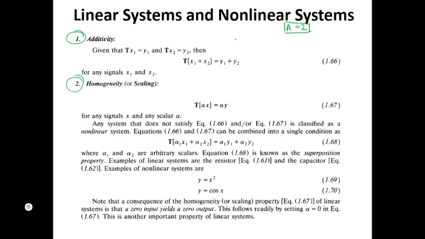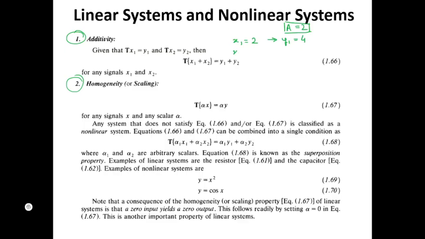Say for example, I am having x1 equal to 2. Say for example, I can also take 1. So x1 is equal to 2, and when x1 is equal to 2, my y1 will be equal to 2 multiplied by 2, which is 4.